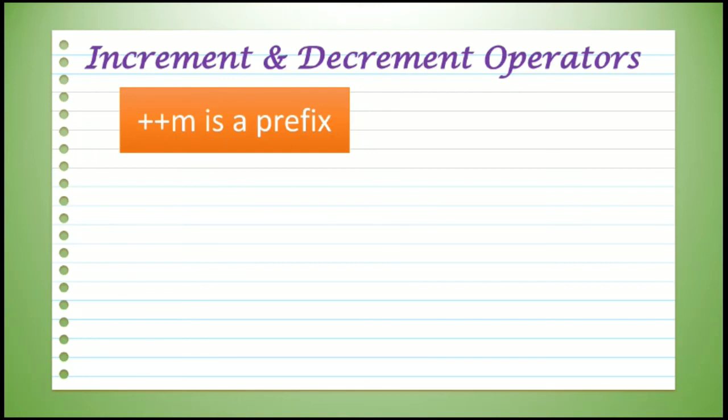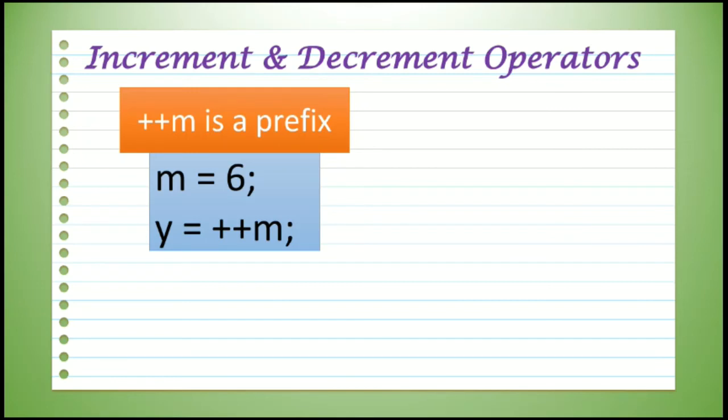For example, m equal to 6 and the next statement y equal to plus plus m. In this case, the value of y and m will be 7 because we have assigned the value 6 to m. Next, we are assigning the value plus plus m to y.